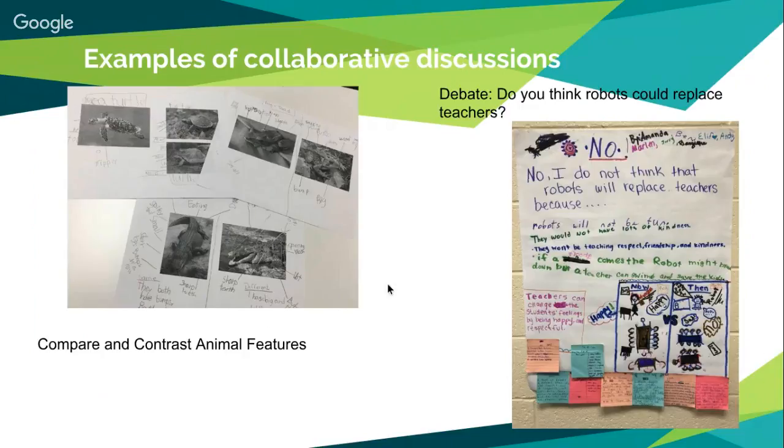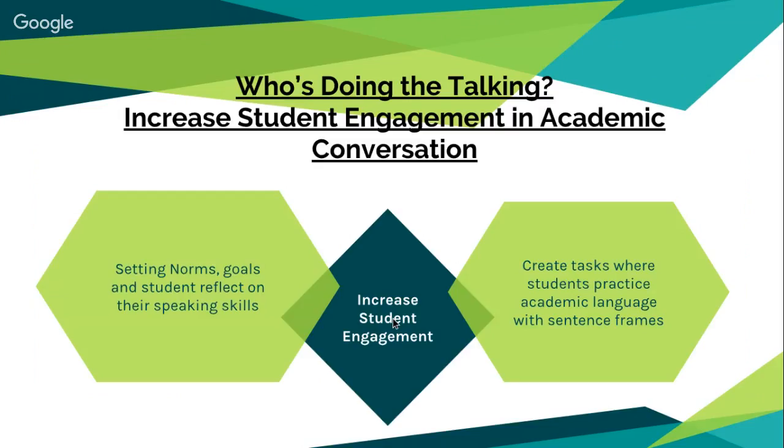And towards the end of the year, it was such a routine with my fourth graders, because they had been going through this process with me, that all I had to do sometimes was just put the chart on the table, and the students would just go ahead and follow the process. So this is important.